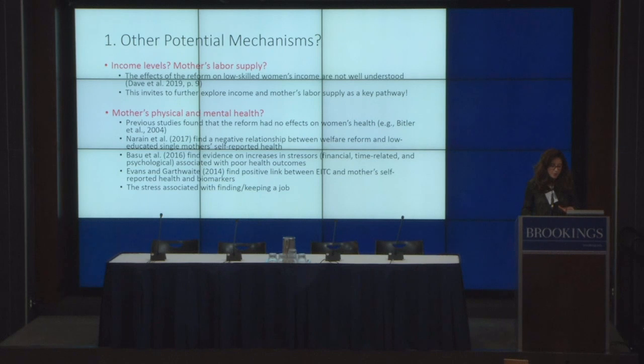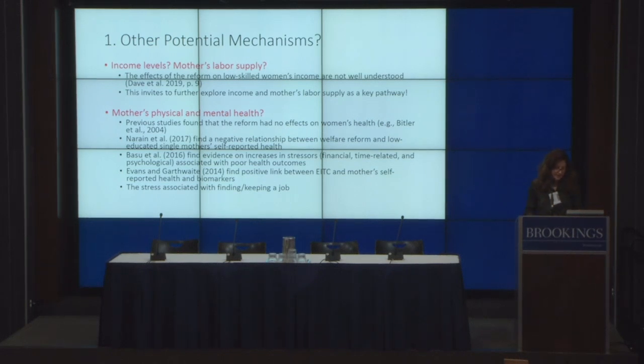The second potential mechanism that I think is relevant has to do with mothers' physical and mental health. Previous studies about the welfare reform, like Marianne Bitler's paper and co-authors in 2004, had found little effect on women's health from the reform. However, more recent studies, and one also by Marianne Bitler, have started to find some significant changes in women's physical health and also mental health.